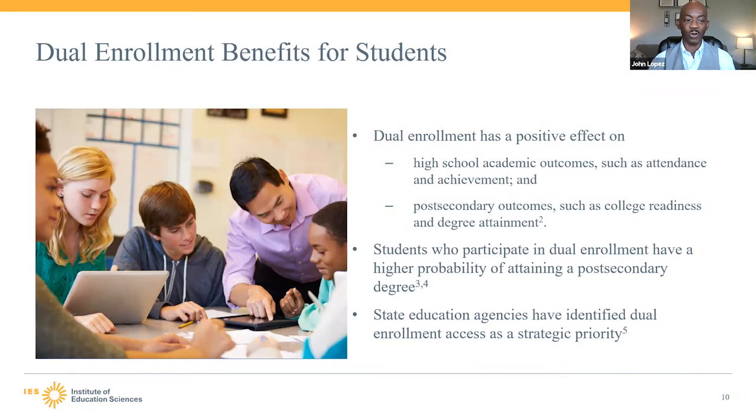Students participating in dual enrollment have a higher probability of degree attainment. And we've seen across the nation the last couple of years, and I know that Amy Williams, our executive director, will be able to speak to across agencies and across states, this has increasingly become a state strategic priority.